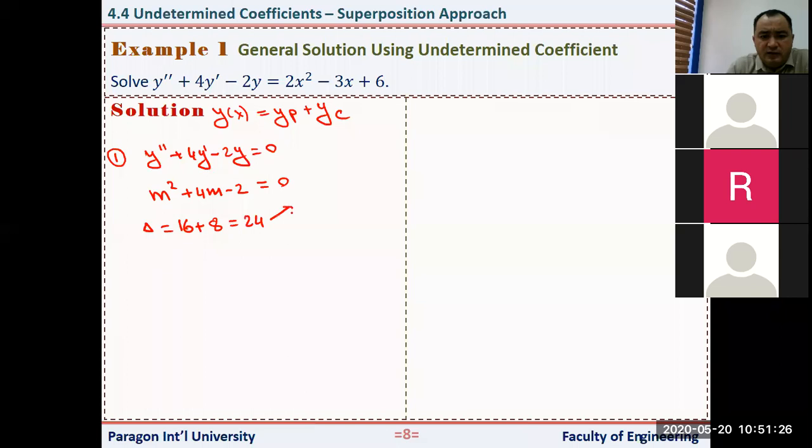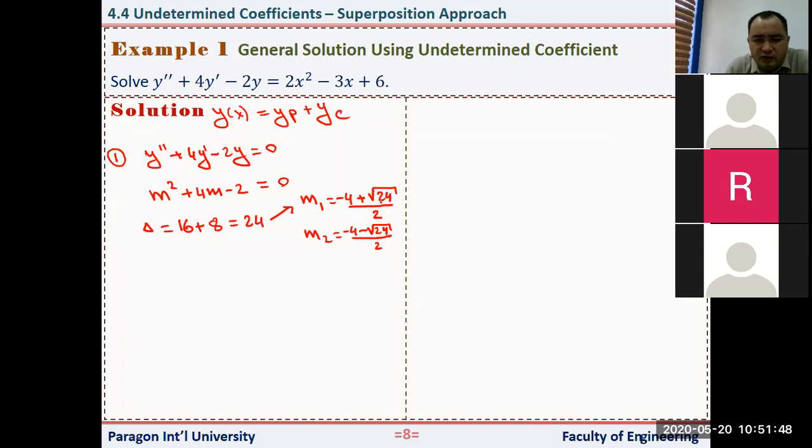Now from here, I can find that m sub 1 equals negative 4 plus square root of 24 over 2. And the second solution is m sub 2 equals negative 4 minus square root of 24 over 2. Now we can simplify this, right?